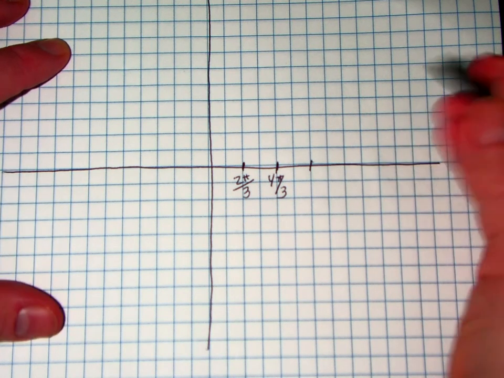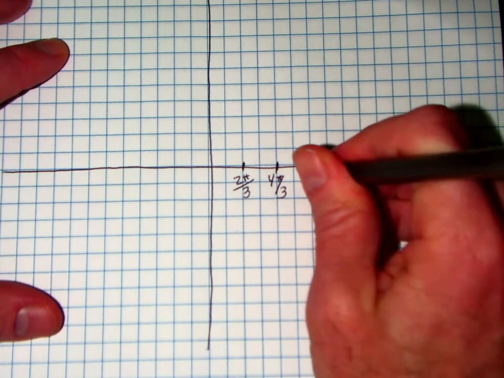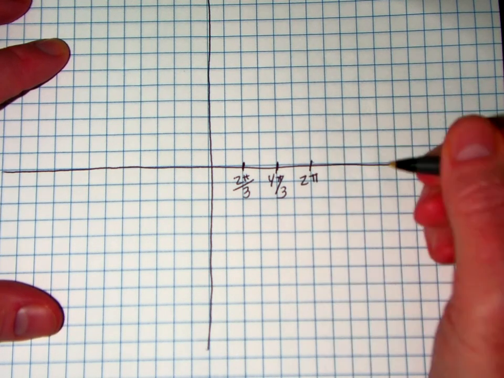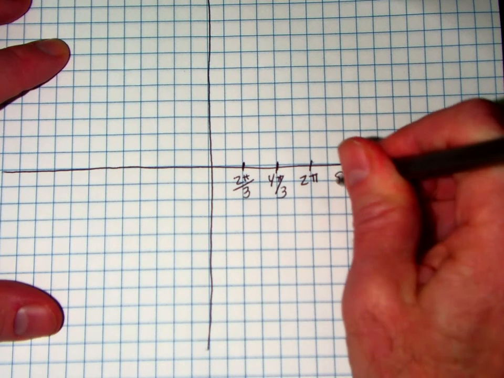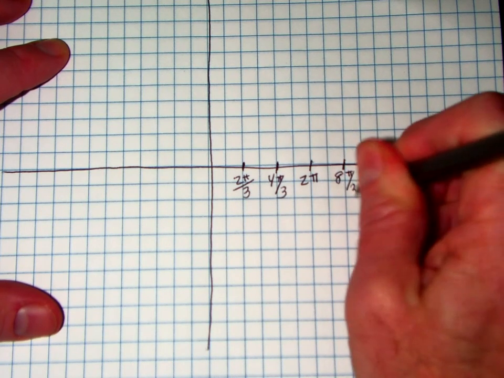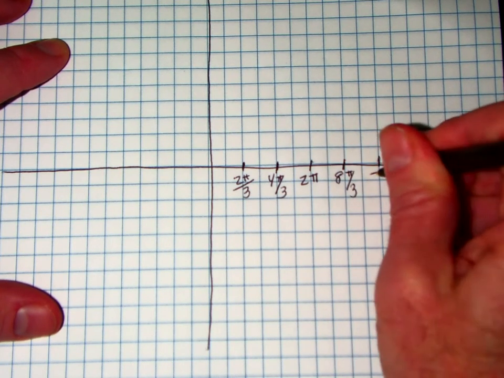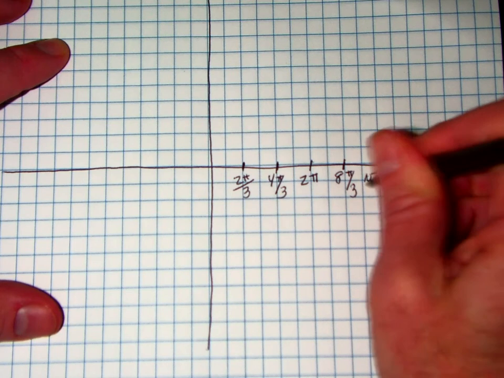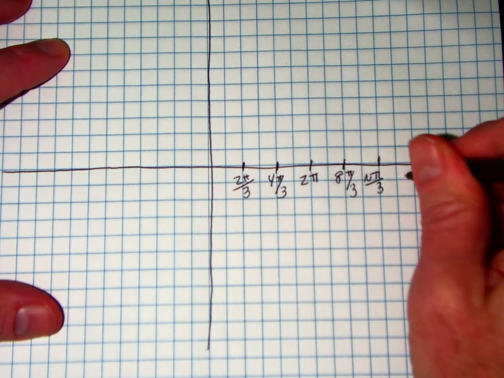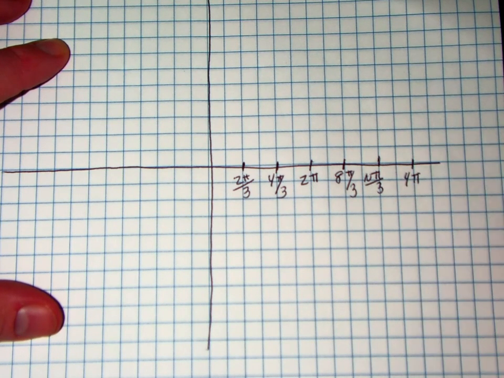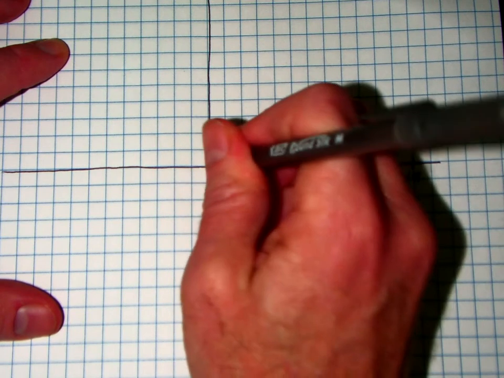But if you think about it, 6 pi over 3 is 2 pi. Add another 2 pi over 3, so it'd be 8 pi over 3. 10 pi over 3. And then 12 pi over 3 would be 4 pi. And we'll do the same exact thing, kind of going backwards.